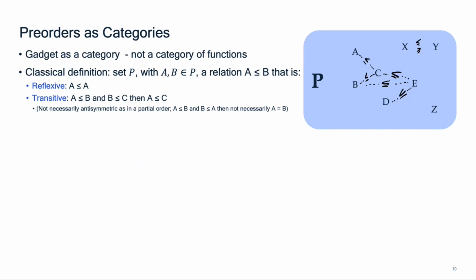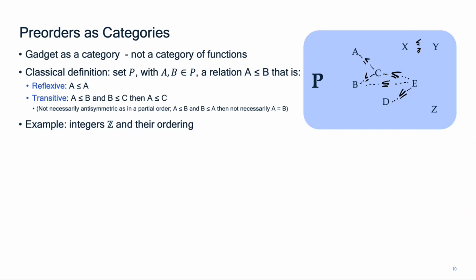A preorder in the classical definition is a set with objects, so objects A and B, and a potential relationship that A is smaller or equal than B. And we require that this relationship is reflexive, so that A is smaller or equal than A, and transitive, so that if A is smaller than B and B is smaller than C, then A is smaller than C. So we can draw a preorder as a diagram where we draw the objects and potential smaller or equal relationships between them.